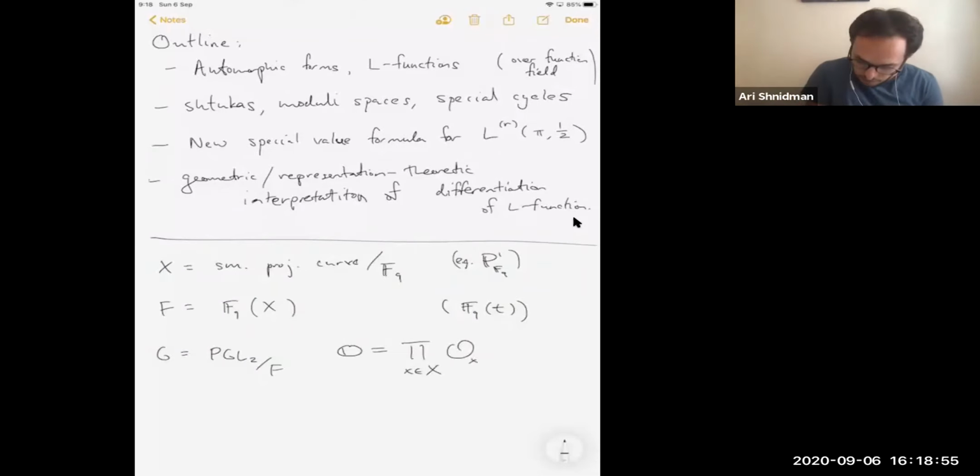For each of these local rings, this is a huge thing because I'm taking this infinite product. But for each of these local rings, I can look at their fraction field and I get a field, a completion of my original field F at the corresponding place x. And really I have to take a restricted product to get the Adeles.